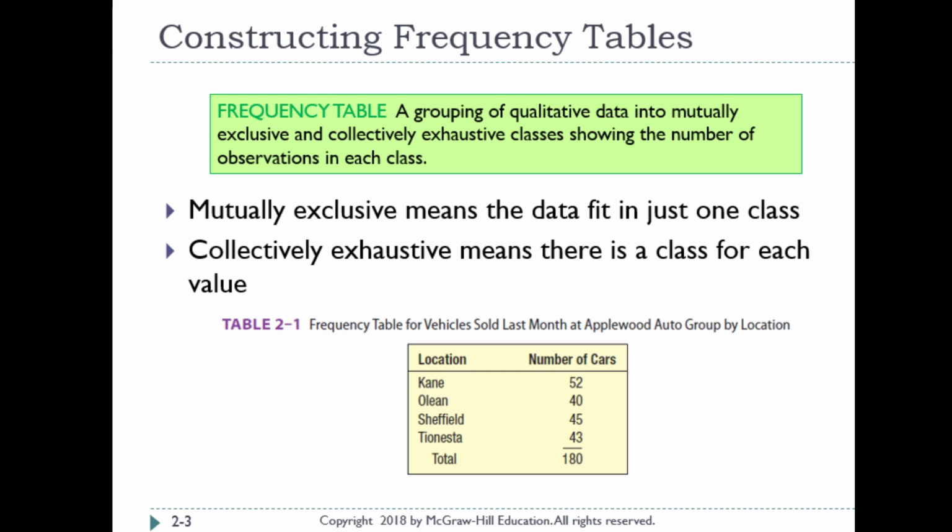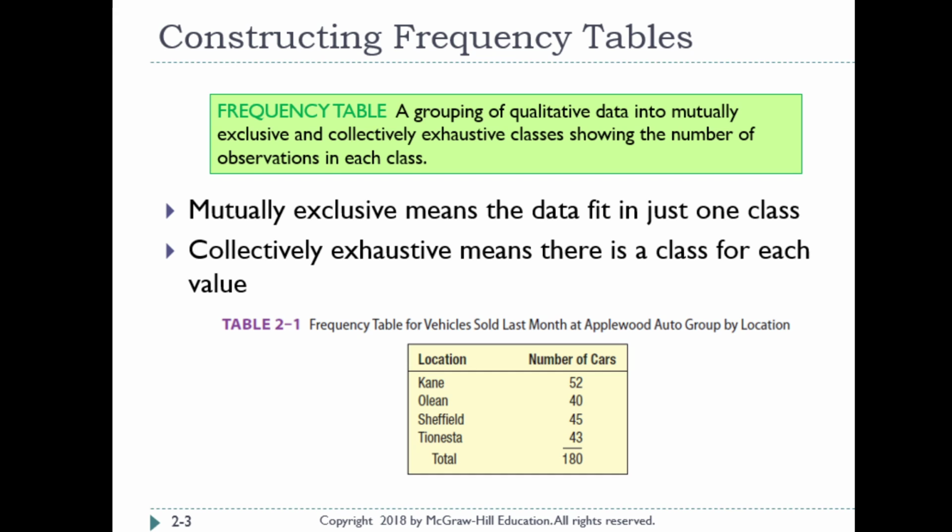If those both are true, if they're mutually exclusive and collectively exhaustive, then it'll always work out that your total is the expected one for observations. So that's an important thing to keep in mind when you're designing your frequency table: make sure you're not leaving someone out, and that you're being specific enough that they fit into just one class.